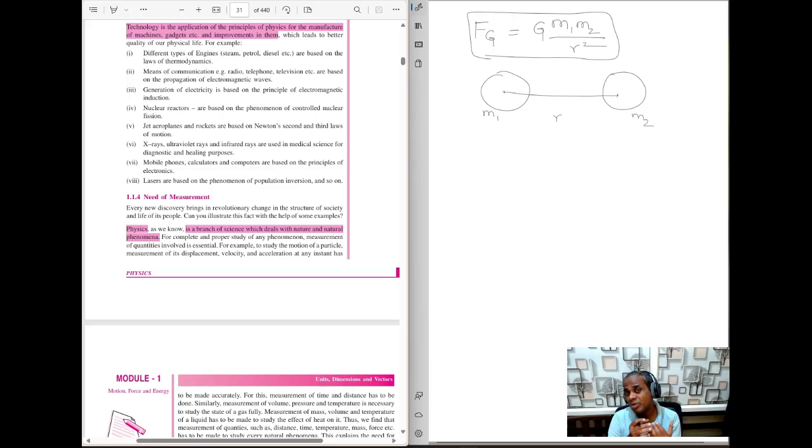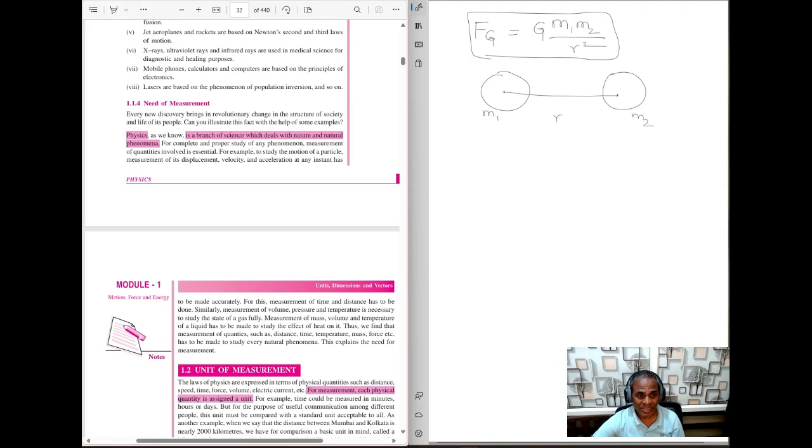So we need a measurement of time, and that also includes related measurements such as speed, distance covered, acceleration, etc. If we know the mass of a car, we can calculate the force of friction which is required if at all the car has to be stopped. Similarly, for all other physical phenomena, we need measurements.